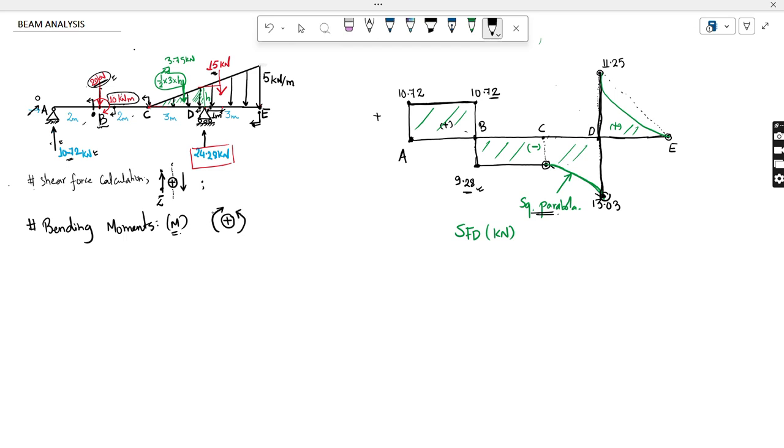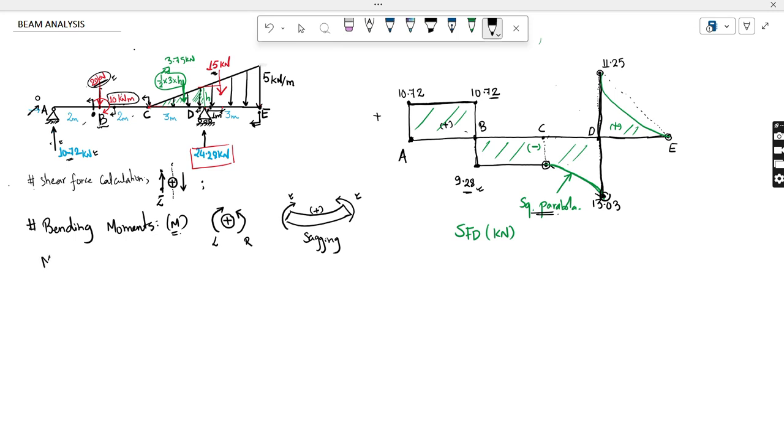For both the left part and the right part, the beam is going upward from the left and also from the right. This shows that bending moment will be positive when the beam bends in this way. Actually this is a sagging shape, and sagging bending is considered positive. So here comes this sign convention. Remember that. Now let's do it.